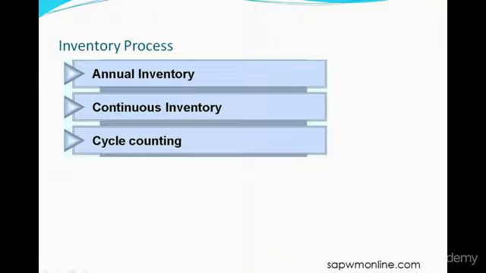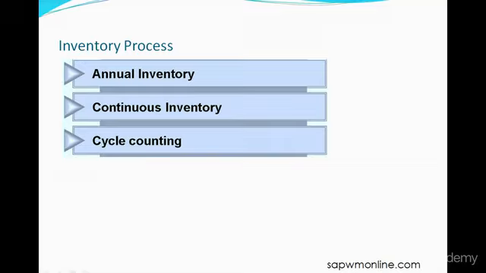You are doing that inventory for that particular time. So it depends on the organization whether they can afford to halt the entire warehouse operations to do the inventory, or they would want to go for continuous inventory.